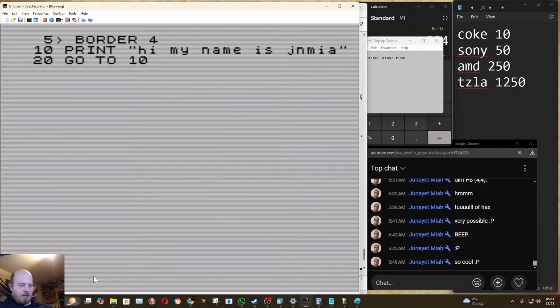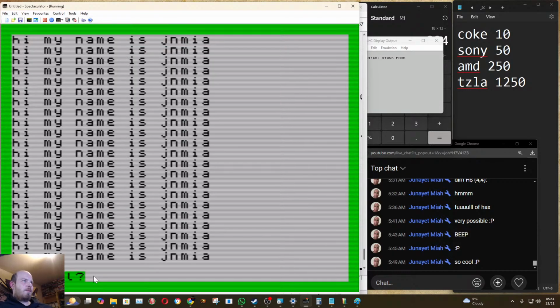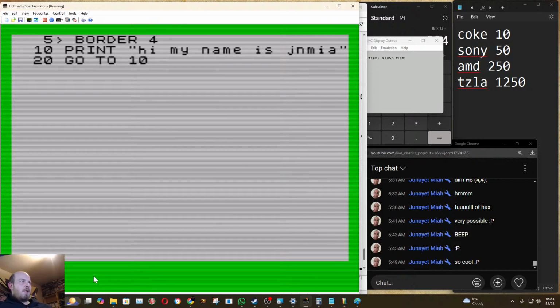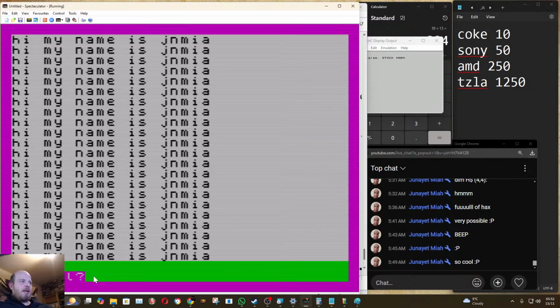So this time it can do it with a border. Watch this. See that? It's green. Now, if we did 5 border 3, it would overwrite what was already there. And now it would do it pink. You see that? Right?